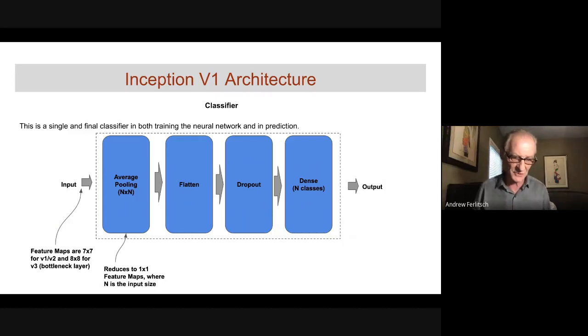You had an average pooling layer, which reduced all the feature maps to 1x1s, where of course that one pixel value is the average of all the values of a final feature map. It's then flattened into a 1D vector, followed by dropout for your regularization, and then finally the classifier.